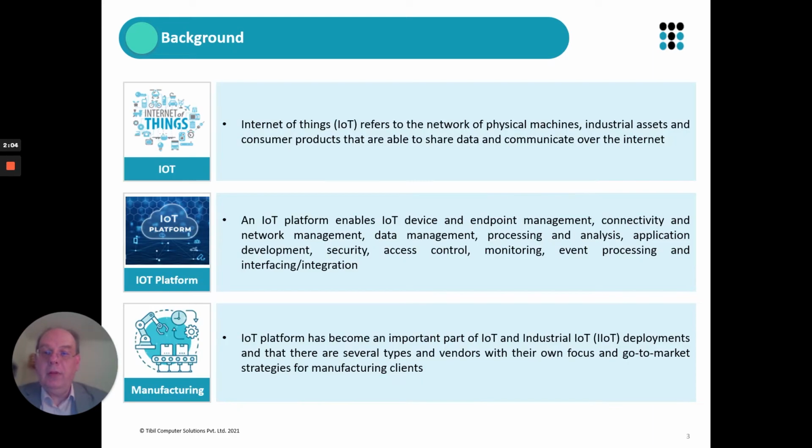So basically, the Internet of Things is the network of physical machines, industrial assets, and consumer products that are able to share data and communicate over the internet. As you see under these three headlines, you can summarize really every equipment.